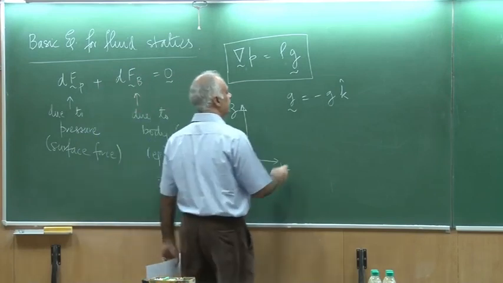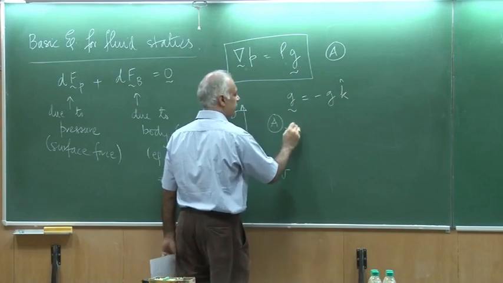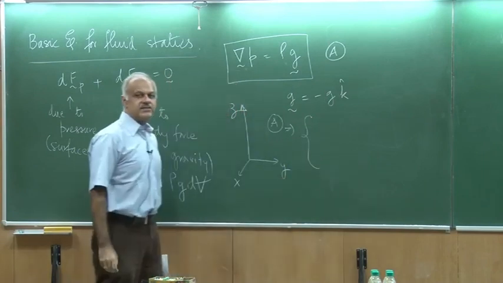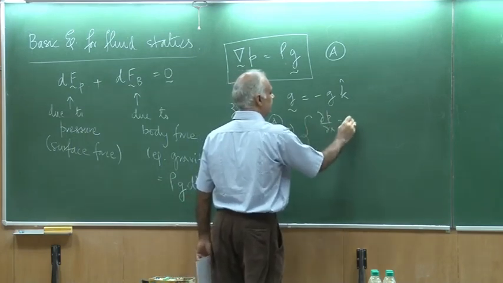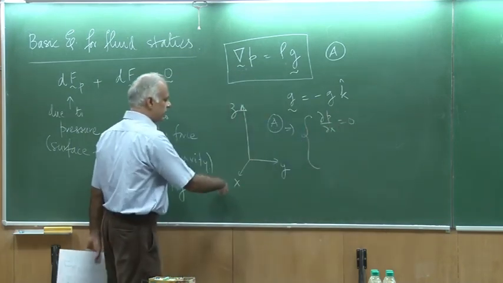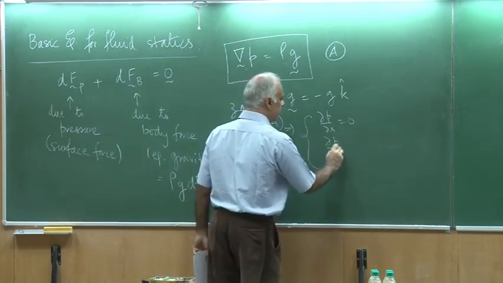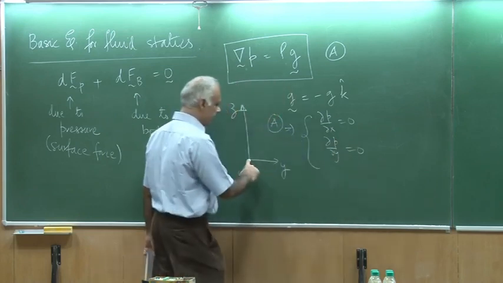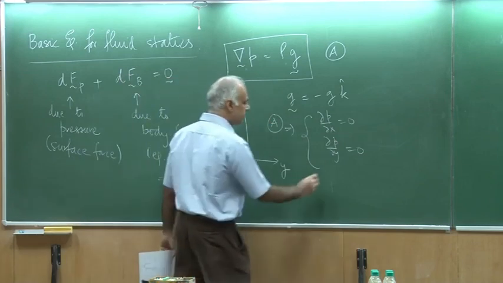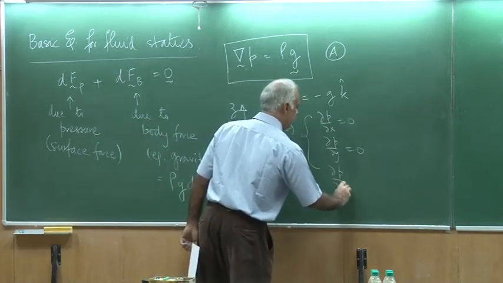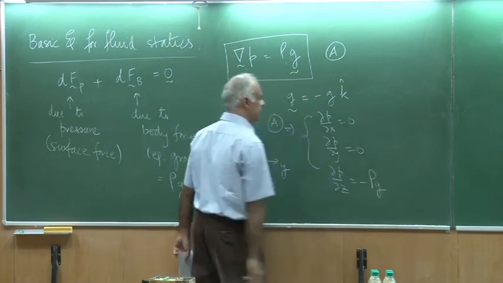And then this equation, if I call it equation A, would result in three scalar equations. The first equation is del P del x is 0, so there could not be a pressure variation in the x direction. Similarly, del P del y is 0, so there cannot be a pressure variation in the y direction, but there would be a pressure variation in the z direction, and that would be minus rho times g.